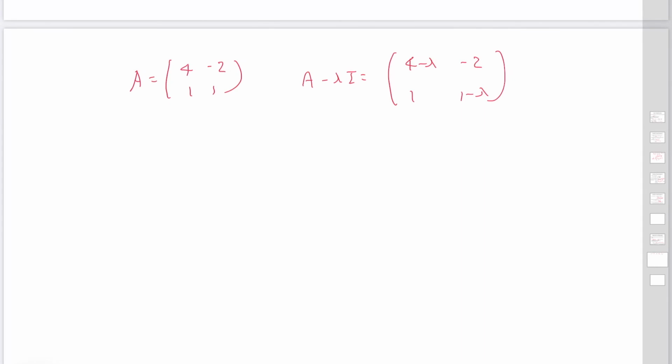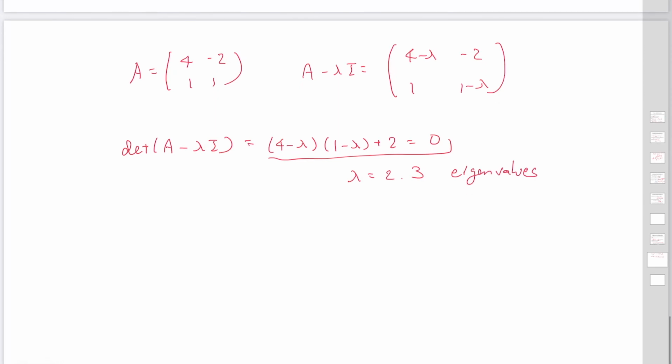Once you get this A minus lambda I, you can calculate the determinant. So it becomes (4 minus lambda)(1 minus lambda) plus 2 equals 0. By solving this equation, you can easily calculate that lambda is 2 and 3. So these are the eigenvalues.